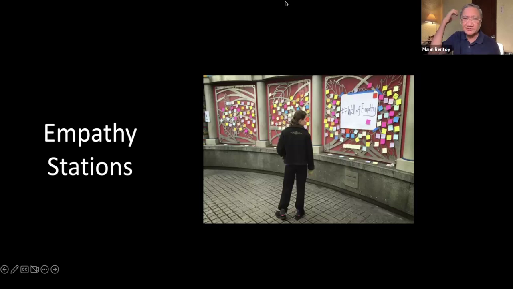More strategies because we only have around 20 minutes left or 25 minutes left. Empathy stations: set up stations, which can be one corner, bulletin board. That's why, well, I don't hesitate to tell you, I highly disagree with the DepEd announcements about removing decorations, keeping clean.